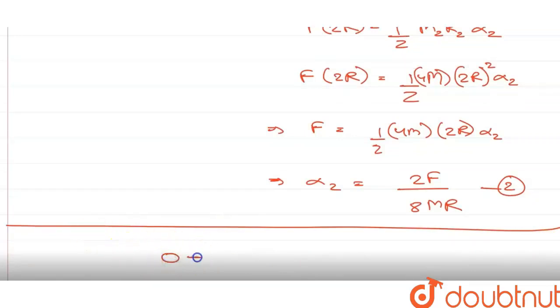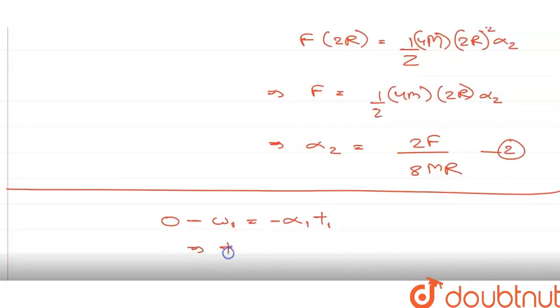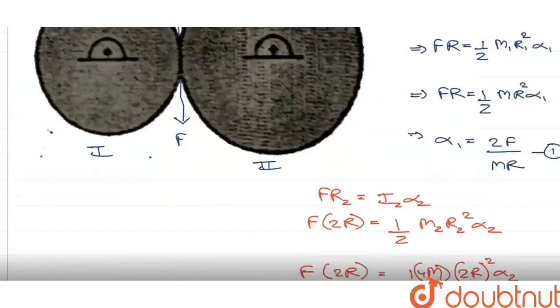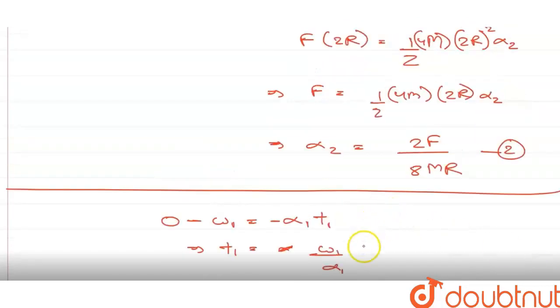So 0 minus omega 1 is equal to the angular acceleration, minus alpha 1 times t1, which means t1 is equal to omega 1 by alpha 1. Now omega 1 is given as 100 radian per second, so I'll write it as omega.